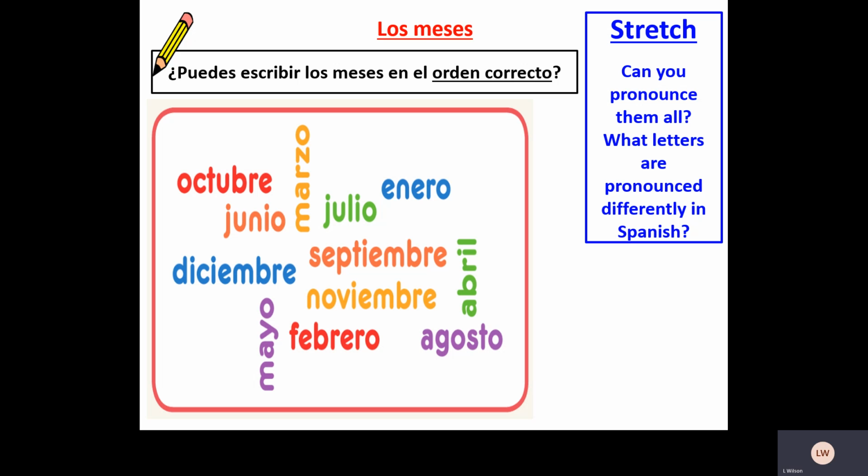And then we've got junio, junio for June, julio, julio for July, agosto, agosto for August, septiembre, septiembre for September, octubre, octubre for October, noviembre, noviembre for November, and diciembre, diciembre for December.